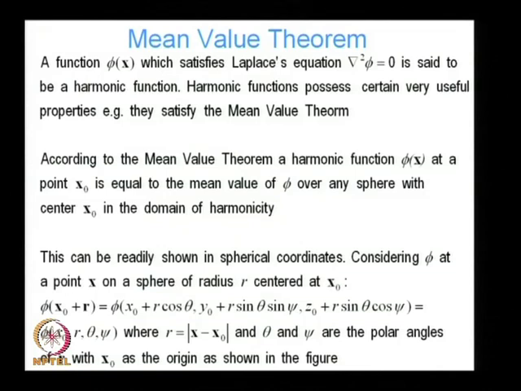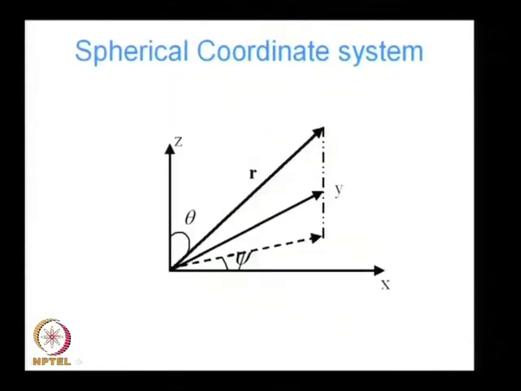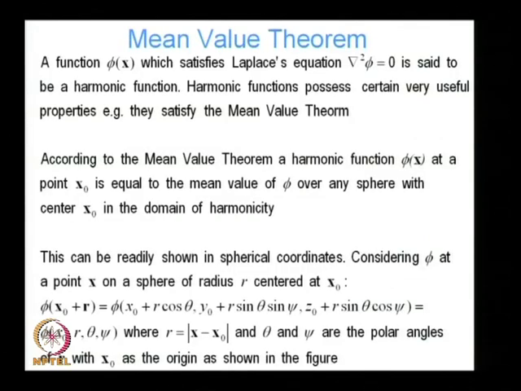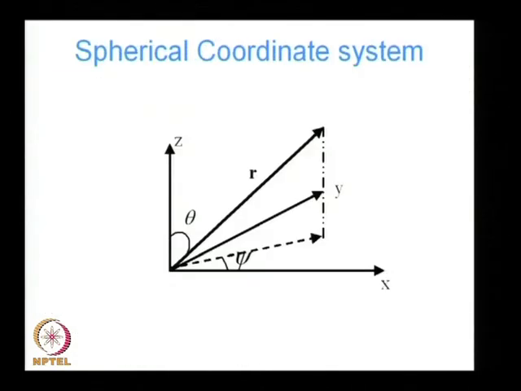This is my point x0, y0, z0, where r is equal to x minus x0, and theta and psi are the polar angles of r with x0 as the origin as shown in the figure.